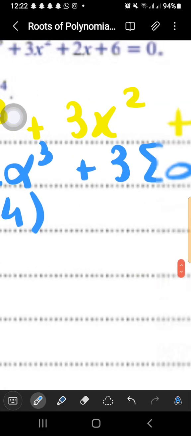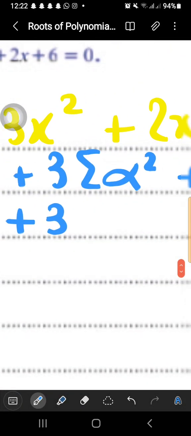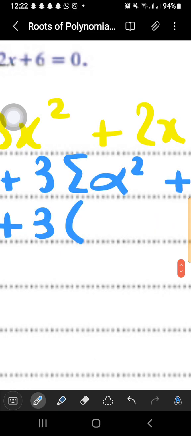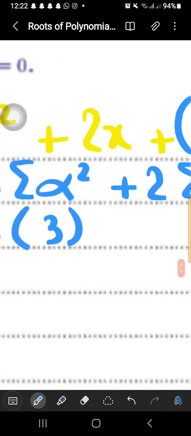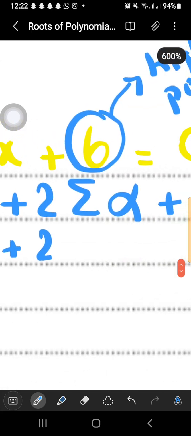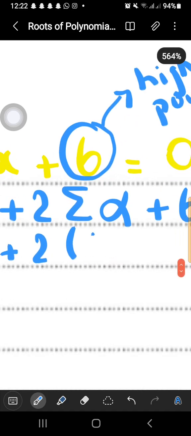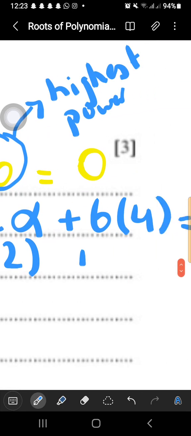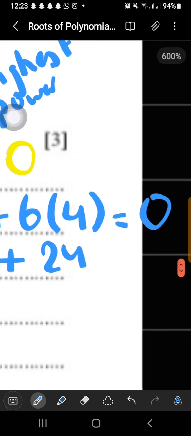Then plus 3, and summation of alpha square was given as 3, and then plus 2, summation of alpha was given as, I think, 2. Yes, 2, and then 6 by 4 is 24. Now it is equal to 0.